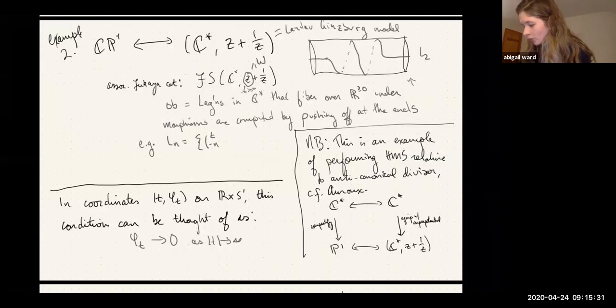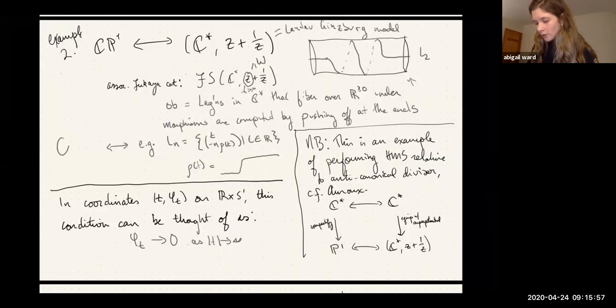So t, and then the graph of the function negative n times rho of t, for t in R, where rho of t is a smooth function that approximates a step function. And under this correspondence, this is going to be mirror to the line bundle O of n.